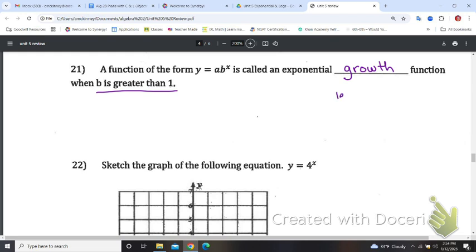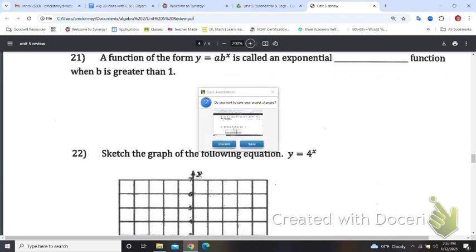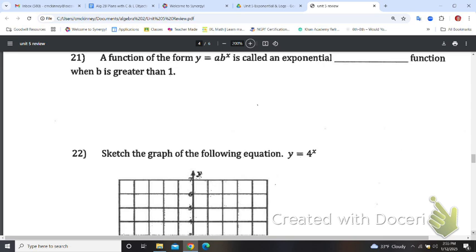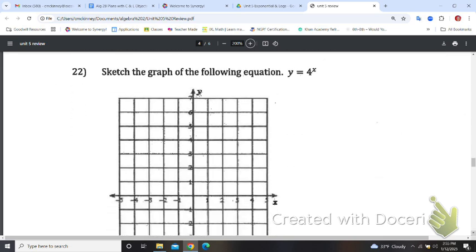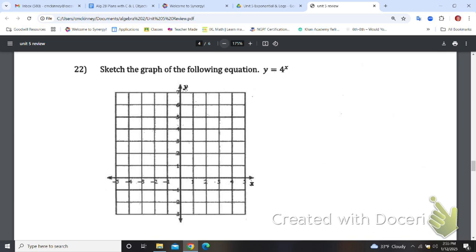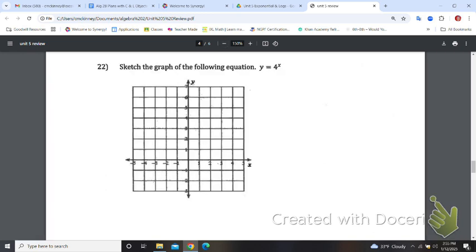If it was less than 1, it would be decay. All right? And now on number 22, we are going to make a graph. And in this case, it just asks you to make the graph.